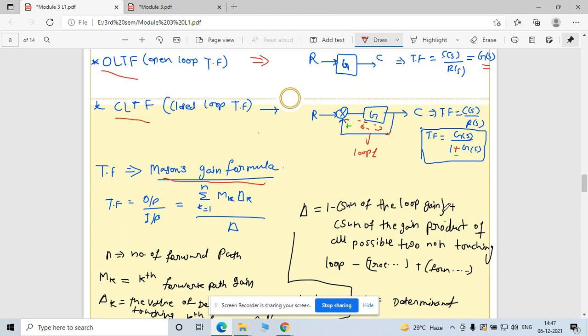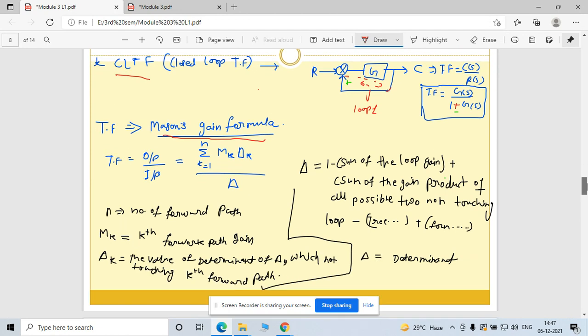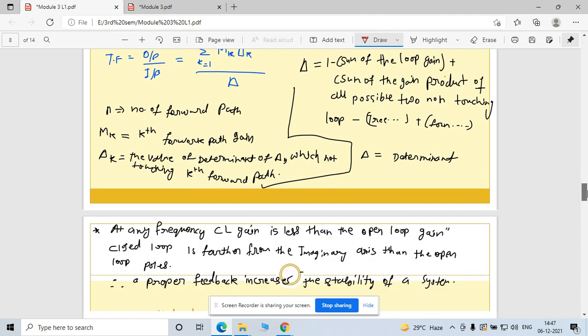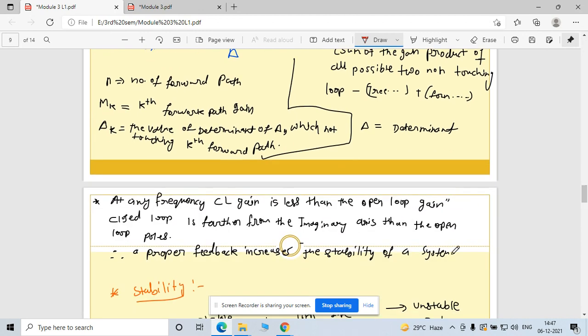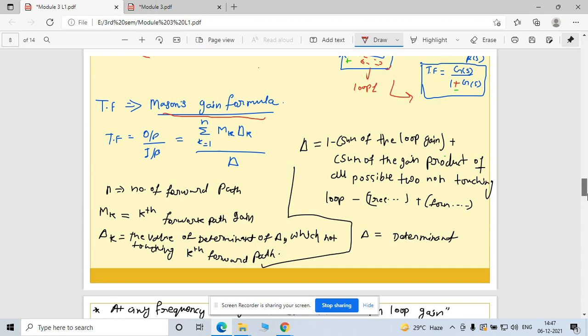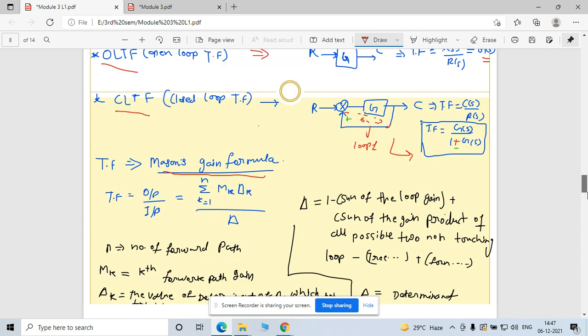Only one loop is there, so all terms relate to that formula, which is why this formula came directly. This is the implementation of the mentioned gain formula for this network, so you will find your transfer function. Okay.